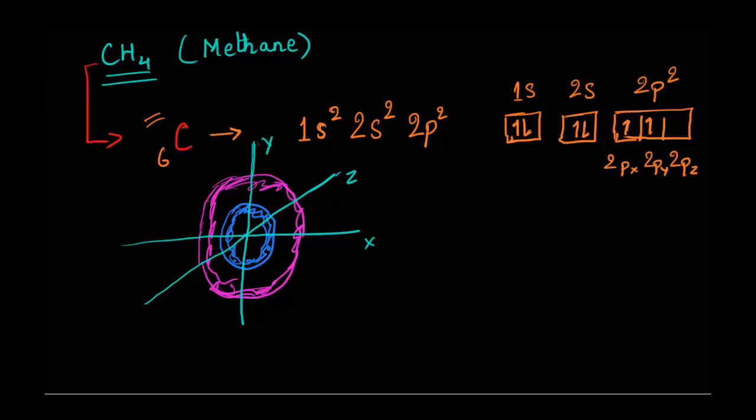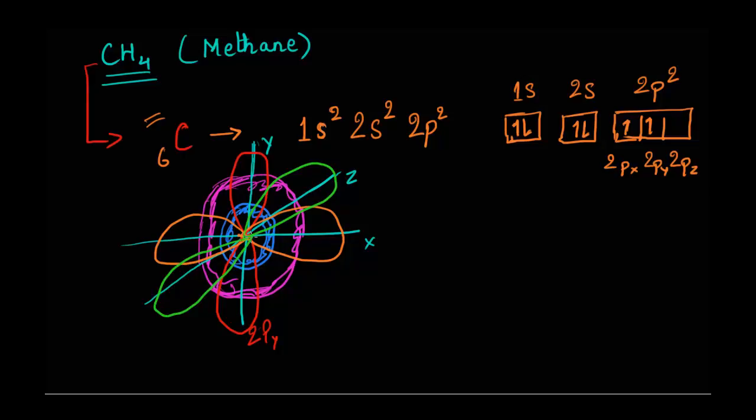Now my py will look something like this. This is my 2py orbital. And if I have to draw px, I'll draw something like this. So this is my px orbital and this is my pz orbital.